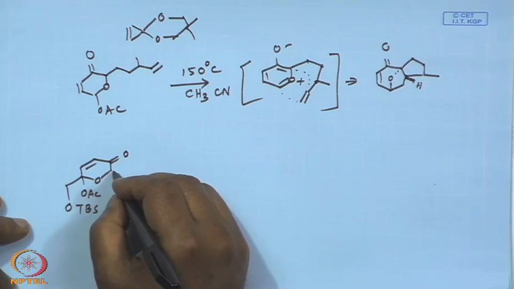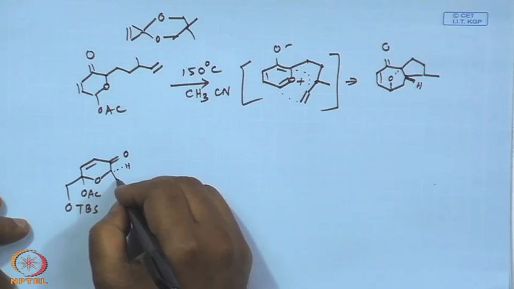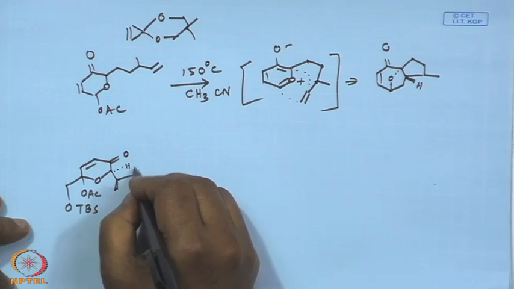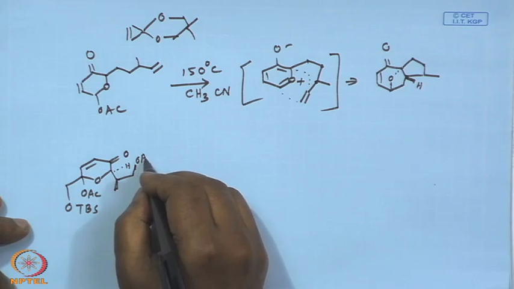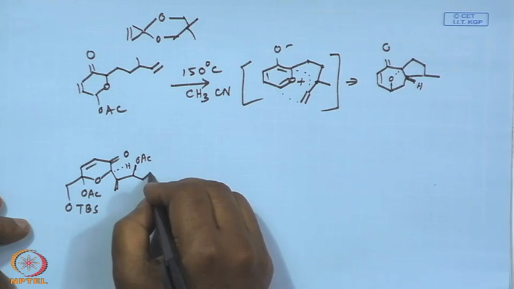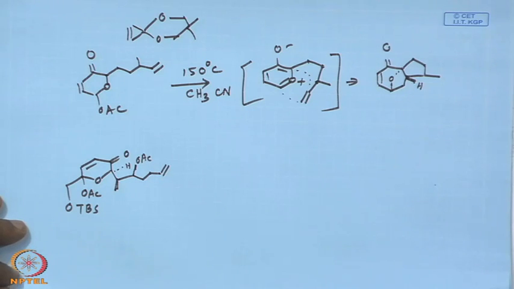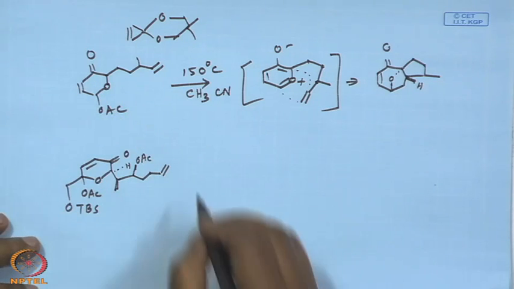Then you have a defined stereochemistry at this alpha position, then a substituent with a methyl group, then acetate here, and acetate here, and then you have a homoallylic part. So, you have a nice complex substrate.